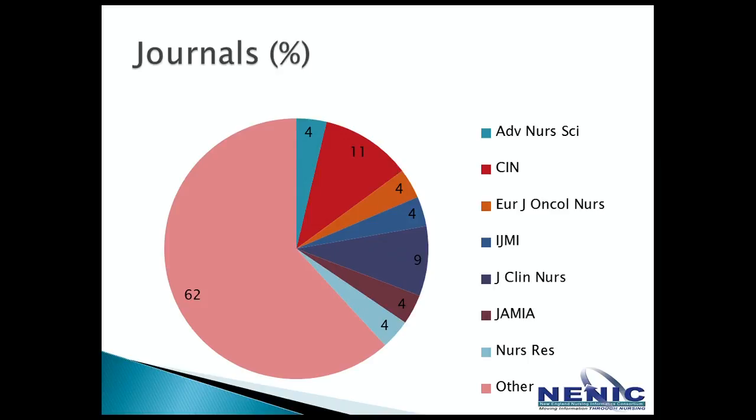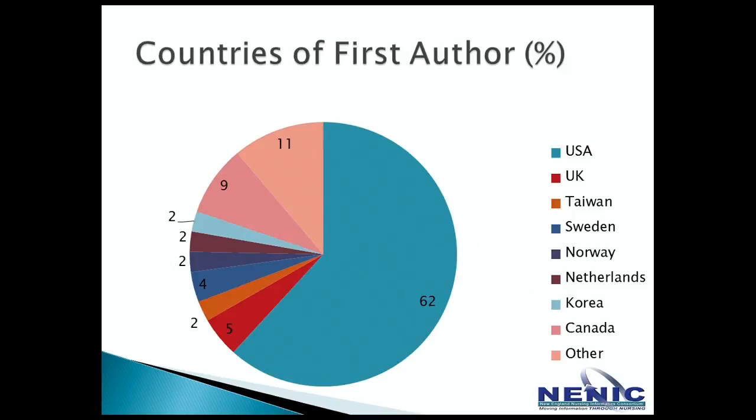We have a handful in IJMI, so International Journal of Medical Informatics, a good amount in Journal of Clinical Nursing, and then some in JAMIA as well. So the countries, the US had most of the pie here, but a good amount from the UK and Taiwan.